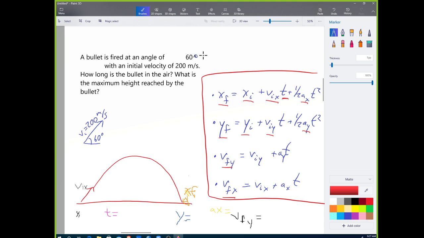And I will be scrolling my screen in a little bit. So I'm going to have your Y initial somewhere down here. Time can go anywhere. Your VIX, I'm actually going to move that just right here, because we're going to talk about how there's this X component to the velocity, and that's going to be one of the new parts.